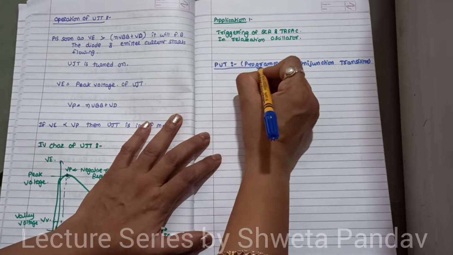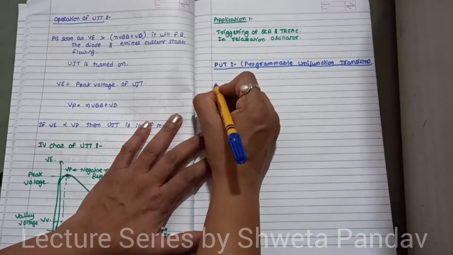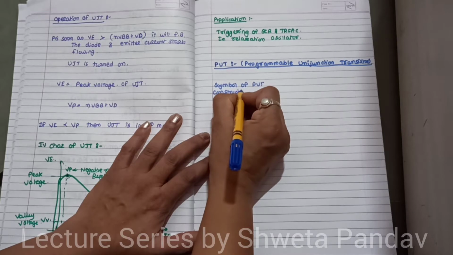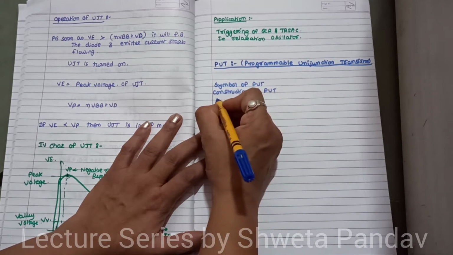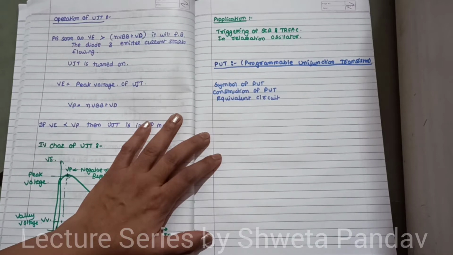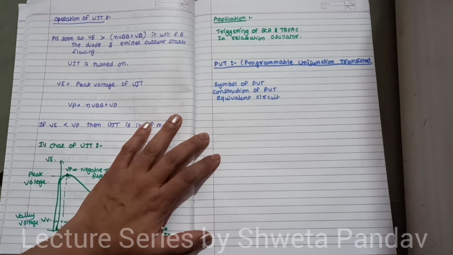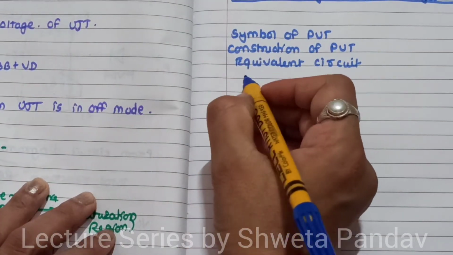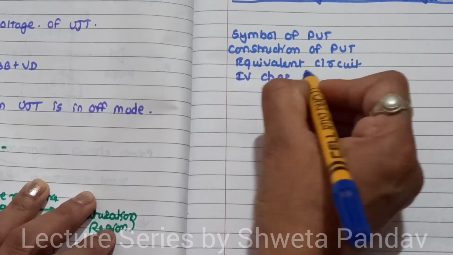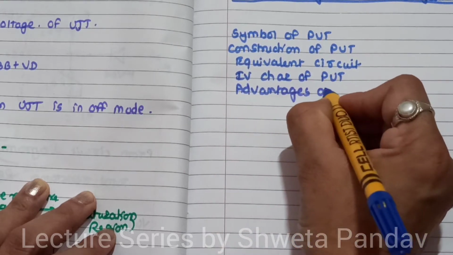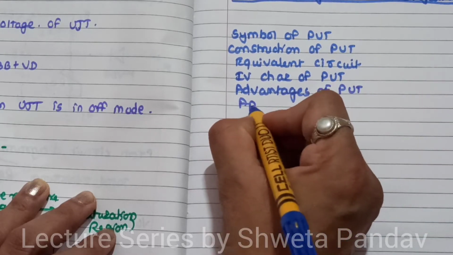In this session we will see some of the points related to PUT, that is symbol of PUT, construction of PUT, equivalent circuit of PUT, then IV characteristic of PUT and its advantages and application.